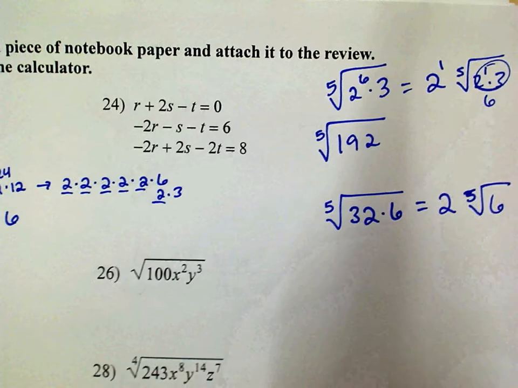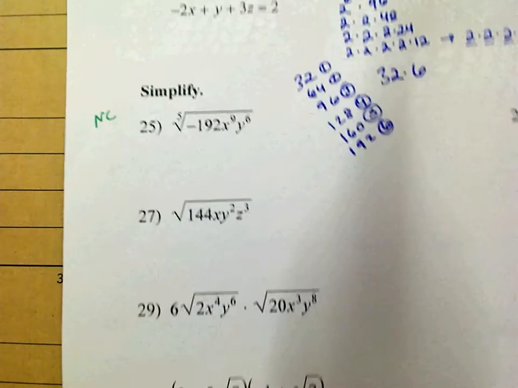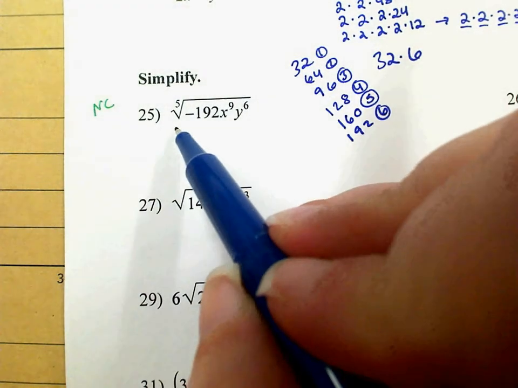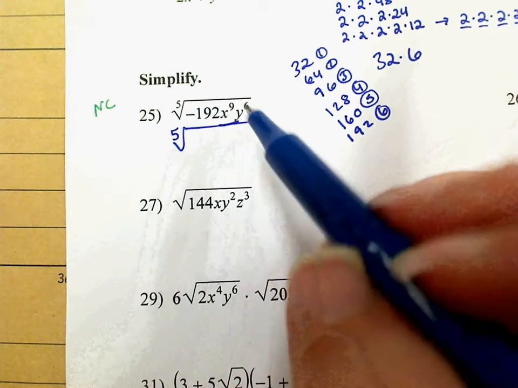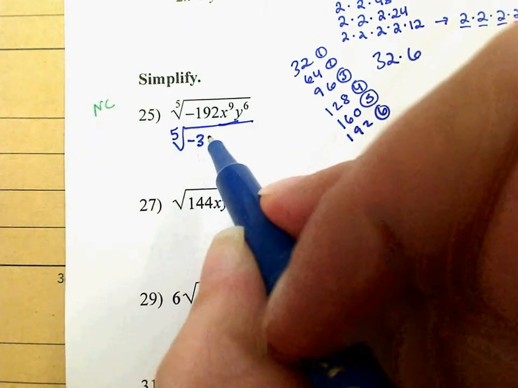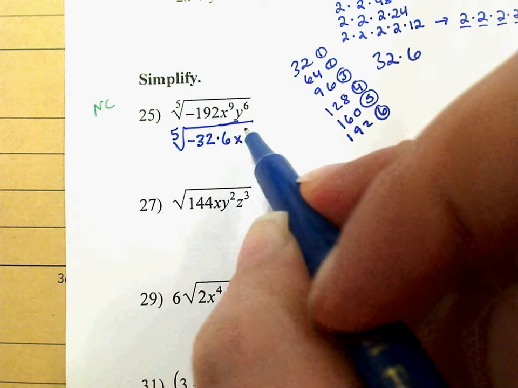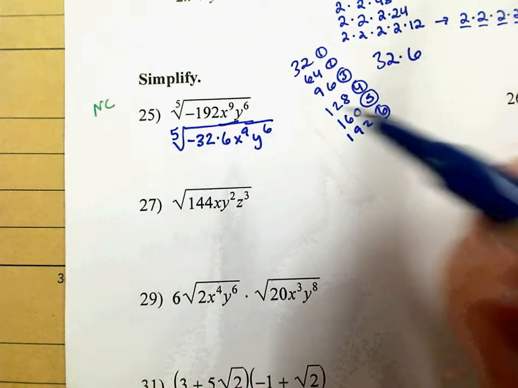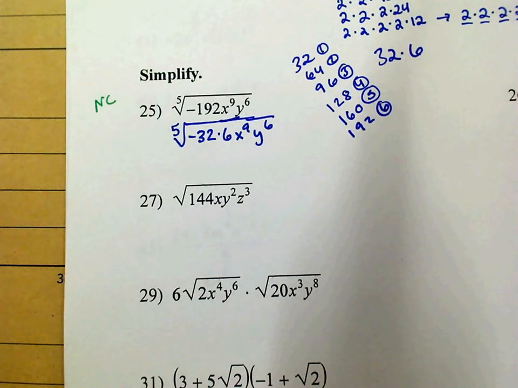But anyway, I've got the fifth root of negative 32 times 6, x to the 9th, y to the 6th. What's the fifth root of a negative? Is it negative or positive?